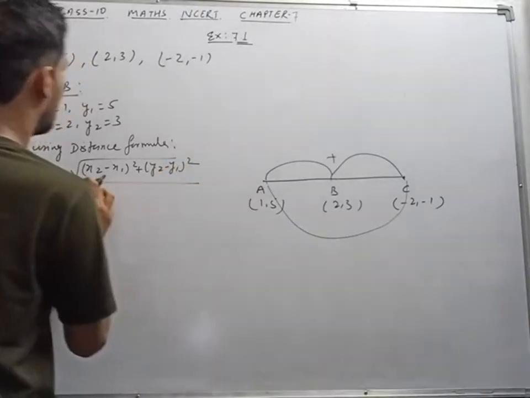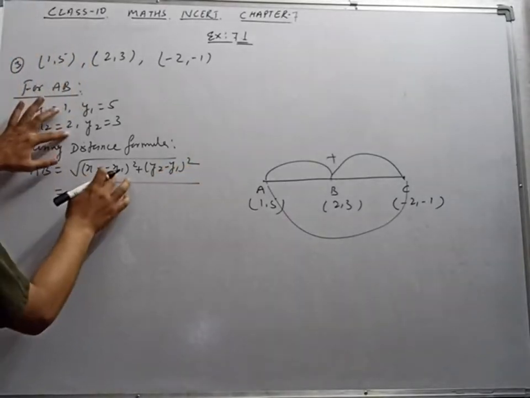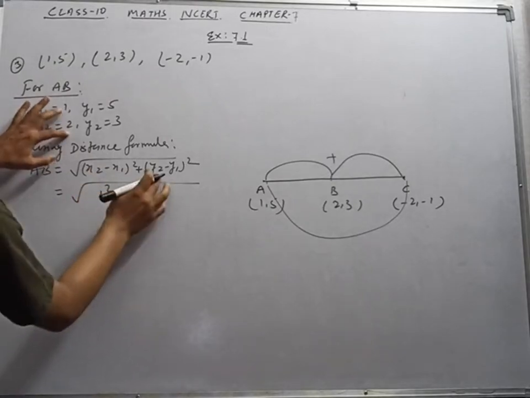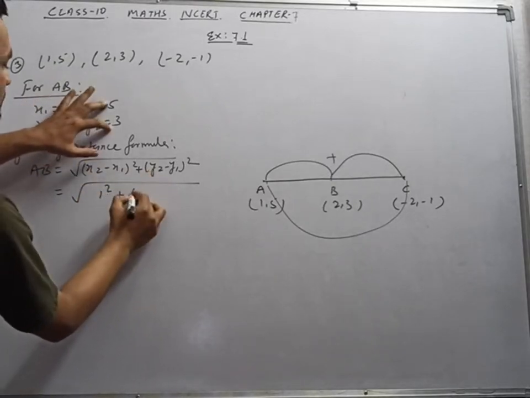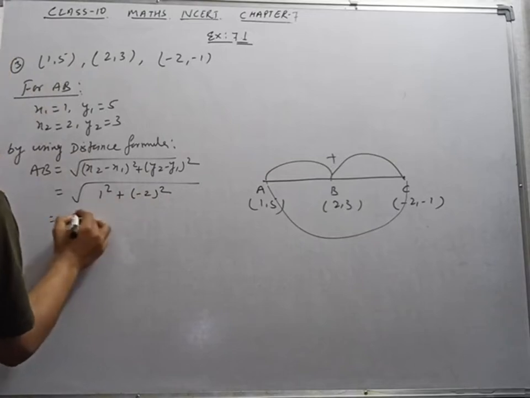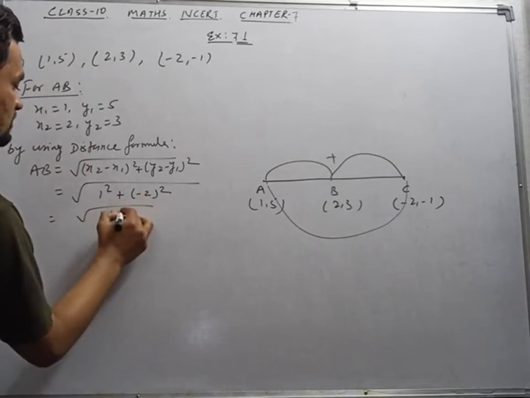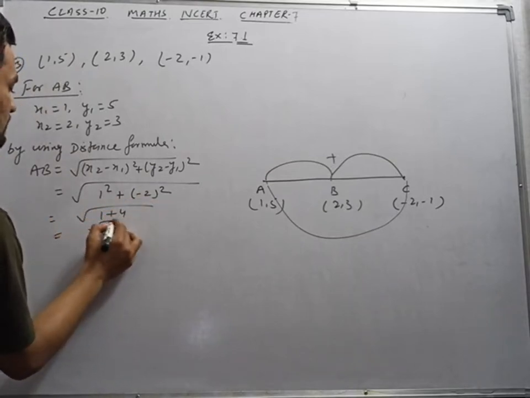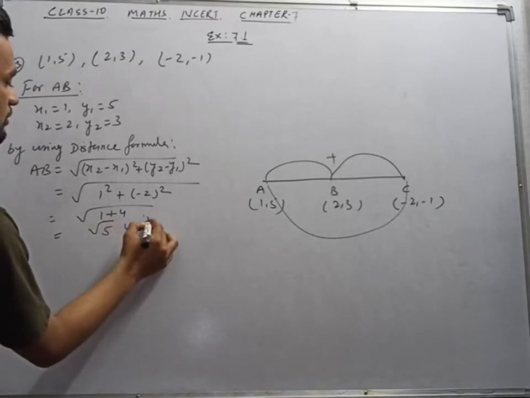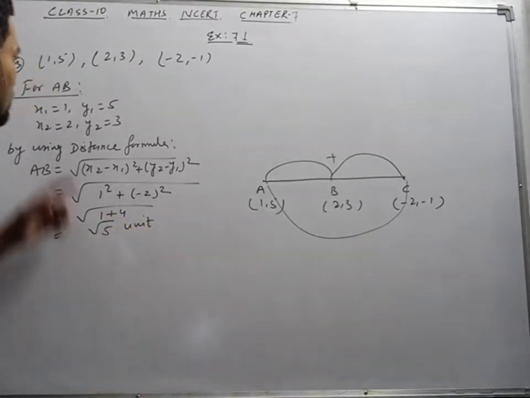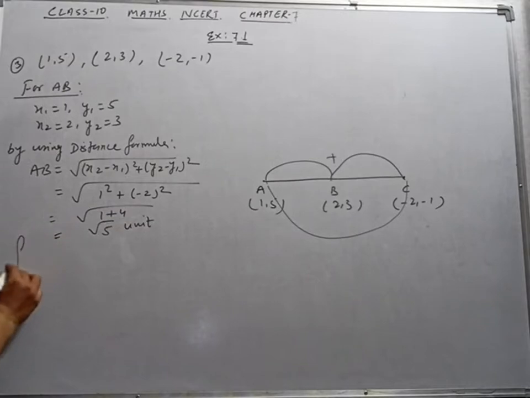So this will be root over x2 2 minus 1, I am writing 1 square, plus y2 3 minus 5, minus 2 square. So this will be root over 1 plus 4, that is root 5 unit.